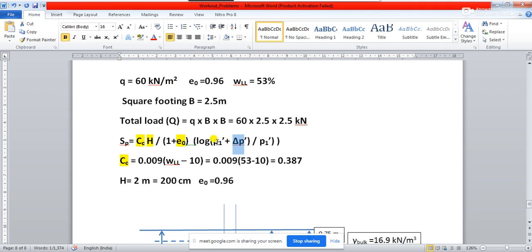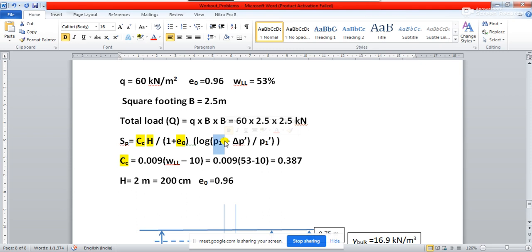So now first step, we find out this P1 dash, that means the original or initial overburden pressure on the clay. For finding out the initial effective overburden pressure, with basic soil mechanics understanding, you will have to use gamma multiplied by H, that means unit weight of soil multiplied by H. And for finding out effective overburden pressure, you must use the value of gamma according to the unit weight of soil.